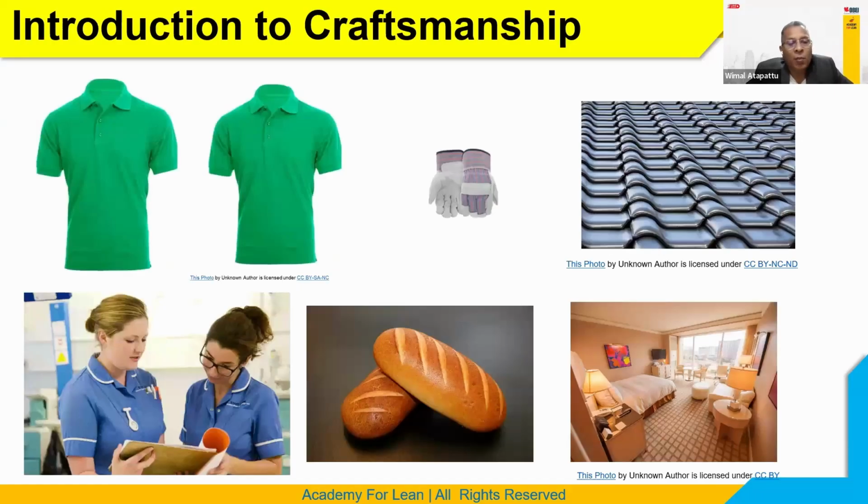So I have put some products and services. Suresh, when you buy apparel, do you have any particular brand? Don't mention the brand, because that would be publicity. But do you have a particular brand?